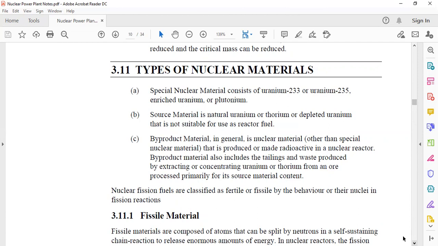Nuclear fission fuels are classified as fertile or fissile by the behavior of their nucleus in the fission reaction. Let's see about the fissile material and fertile material.